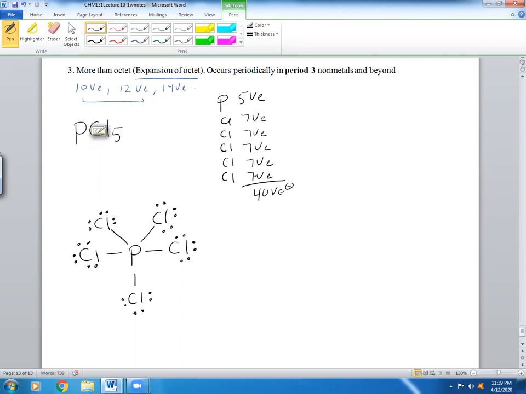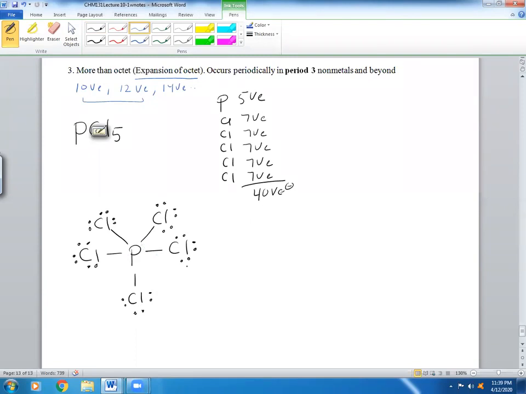Count how many electrons we've used so far: 8 plus 8 plus 8 plus 8 plus 8. That's 40. 8 times 5 is 40. Okay, good. Let's pay attention to P.